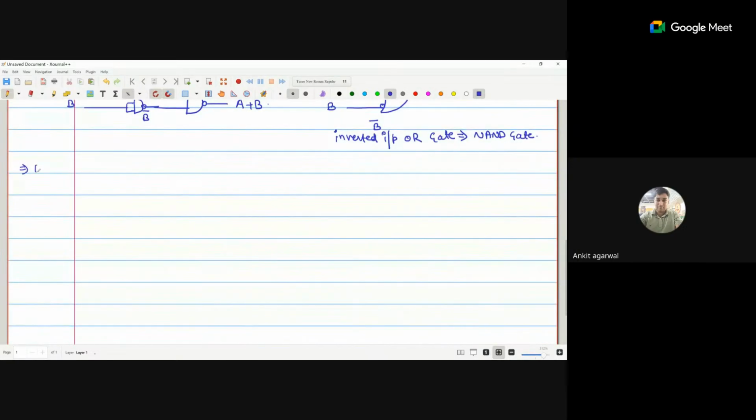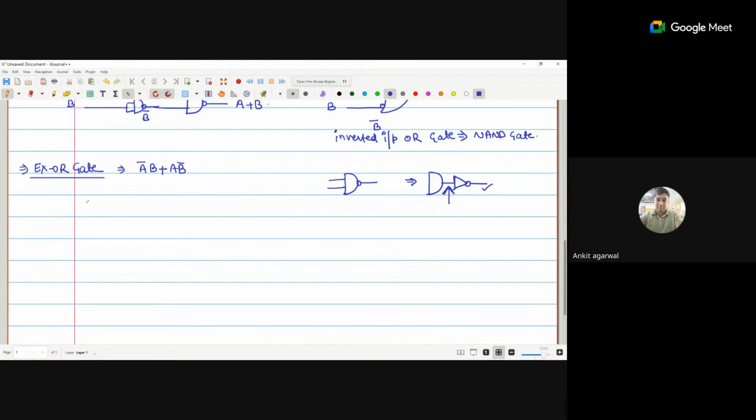Now next, XOR. That is A bar B plus AB bar. Clear? Now we know that if I apply this NAND gate, it is equal to an AND gate and so on.